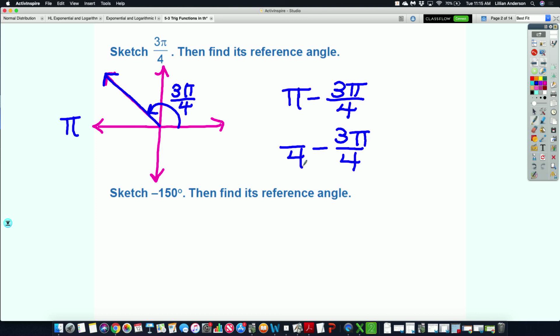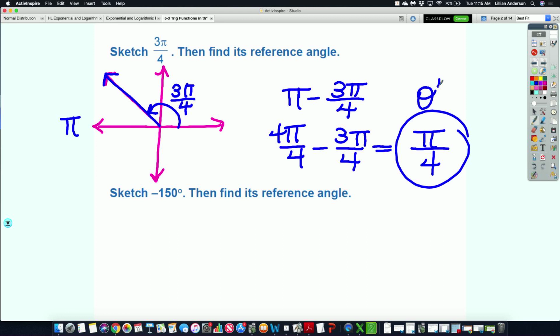So pi can be written as 4 pi over 4, and what's 4 pi minus 3 pi? 1 pi. So this would be 1 pi over 4, and that would be your reference angle. Okay? So as long as the angle is between 0 and 360 or 0 and 2 pi, then just based on what quadrant it's in, you can go from there.